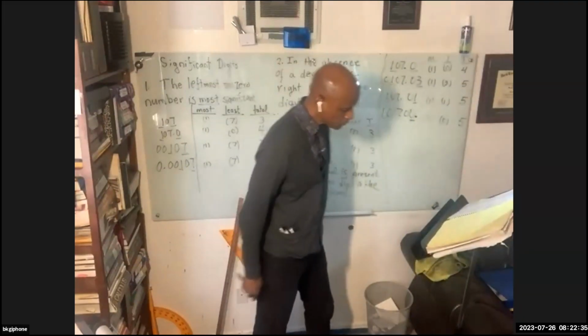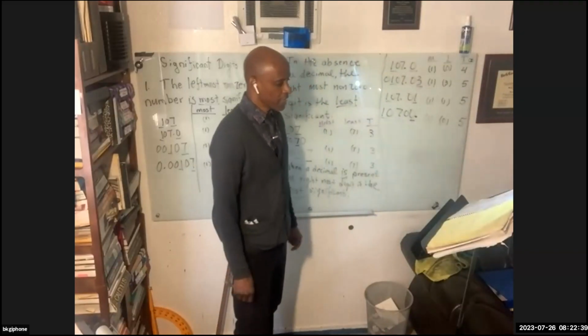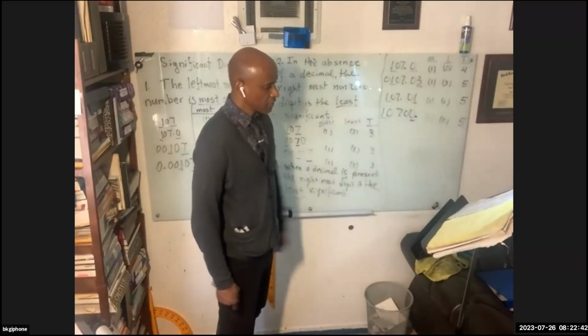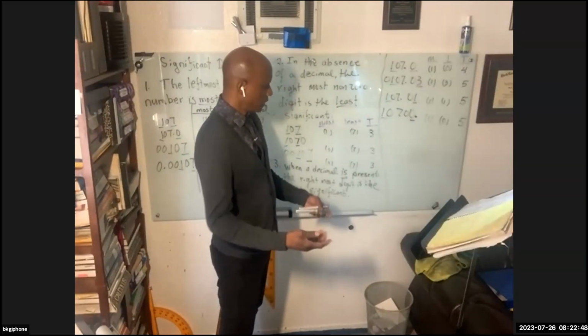And the final rule, well, that's what I just was showing you here, is that every number between the most significant and the least significant is also significant, inclusive.